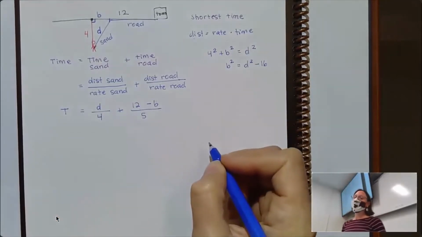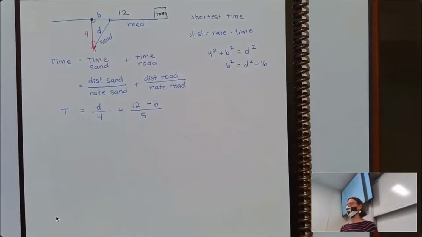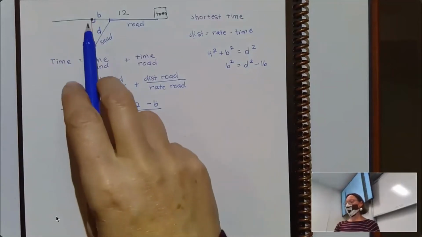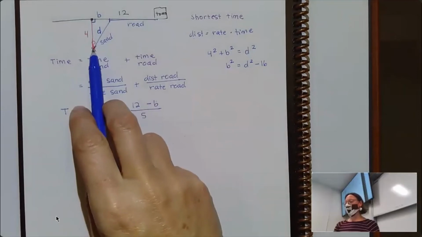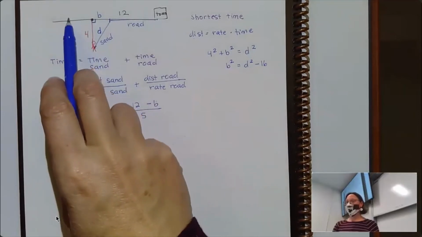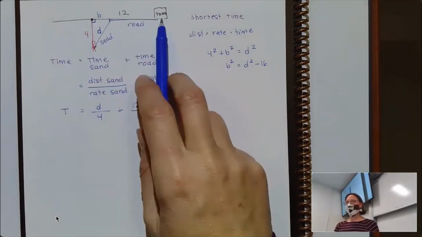By the way, I don't have to worry about a plus or minus here. It wouldn't make any sense to walk totally away from town and then walk it back in towards town.